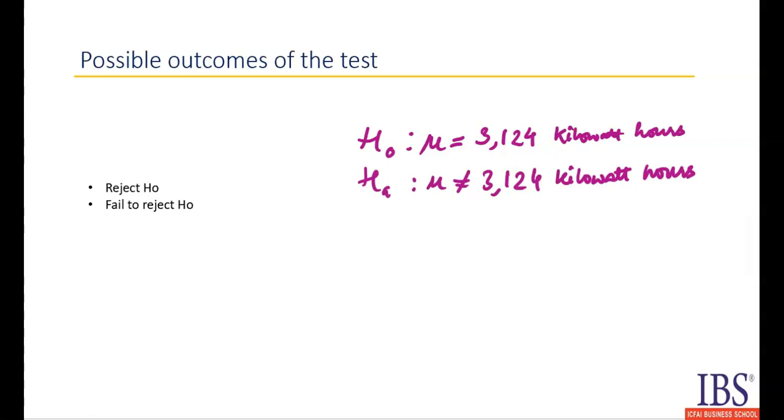You don't have to prove null hypothesis is true. So you either reject null hypothesis or fail to reject null hypothesis. We don't say either of it is true. We say we don't have enough evidence to support it. In case we reject null hypothesis, we are promoting our alternate hypothesis to be true. We are saying that this is the case based on the current data that we have.